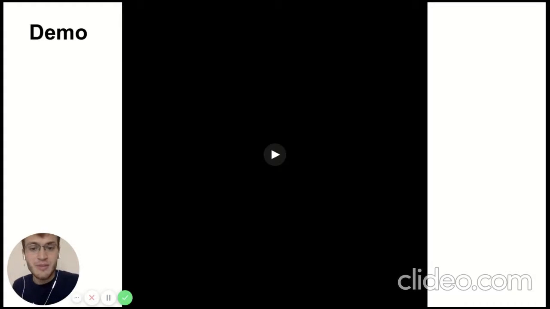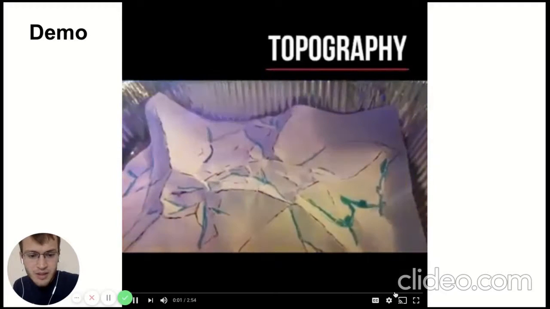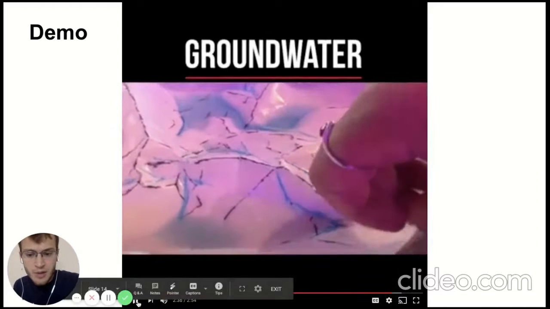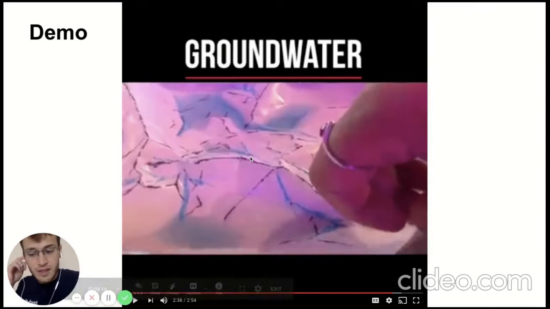3, how many streams form? Just one, several. I think you'll notice from the video that several streams formed. I think we counted once and there are 6 or 7 streams that formed. And the streams, where did the streams form? The streams formed on either side of the mountains.